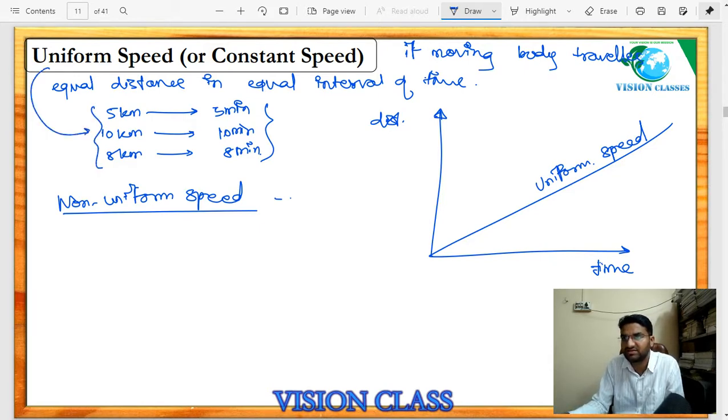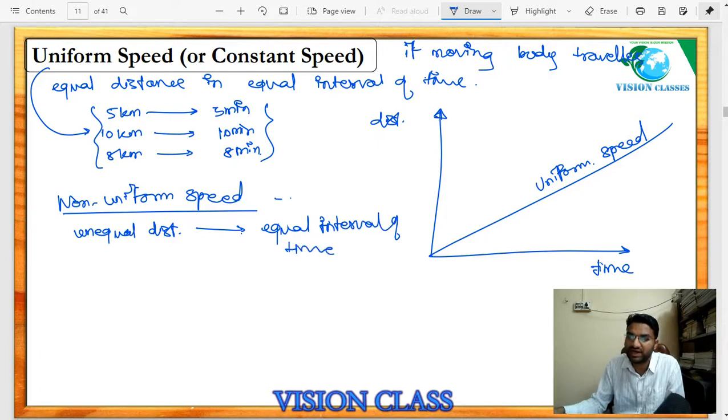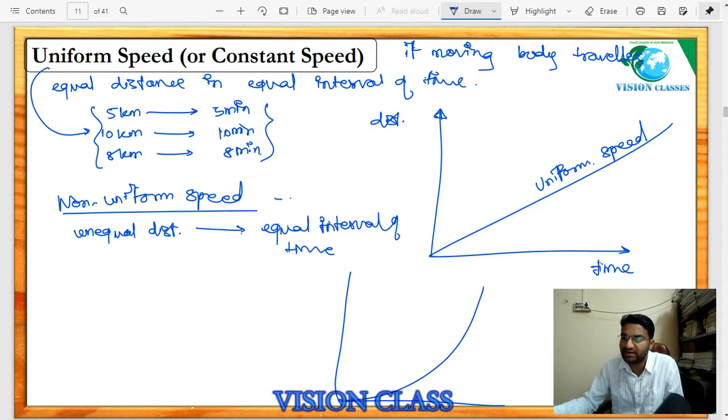We can say this is uniform speed, but in the case of non-uniform speed, it covers unequal distance in equal intervals of time, which means the graph might go either this way or that way, right?